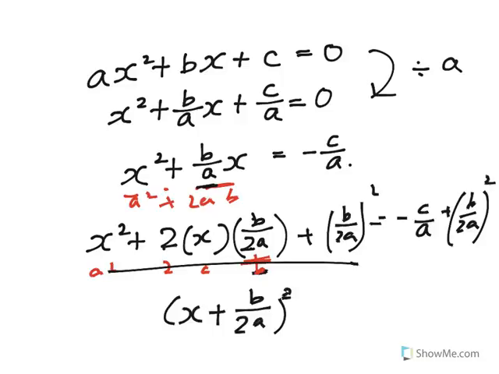On the right hand side, let me rewrite this nicely. This is negative c over a plus b over 2a squared. After that I'm going to try to make x the subject. So the next thing I'm going to do is square root.